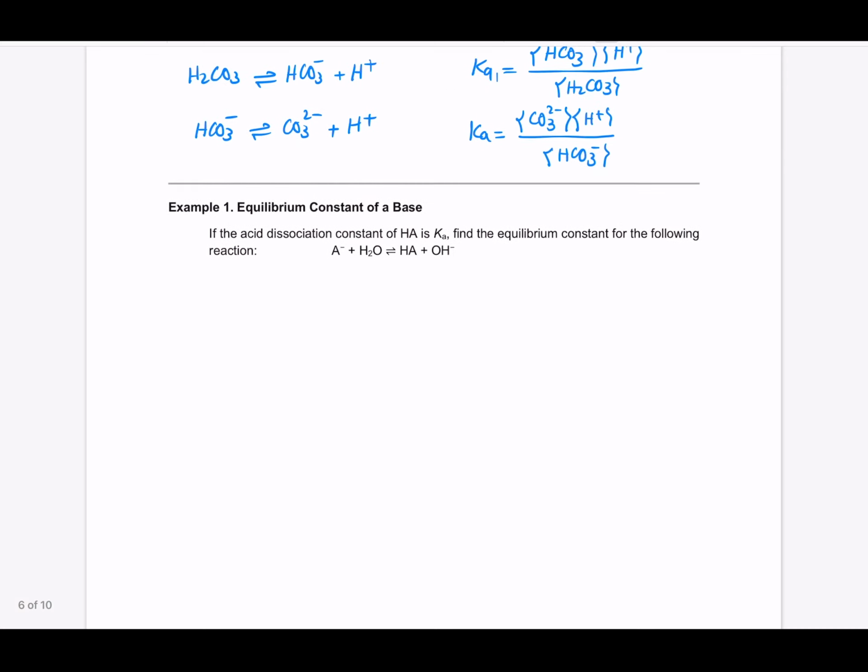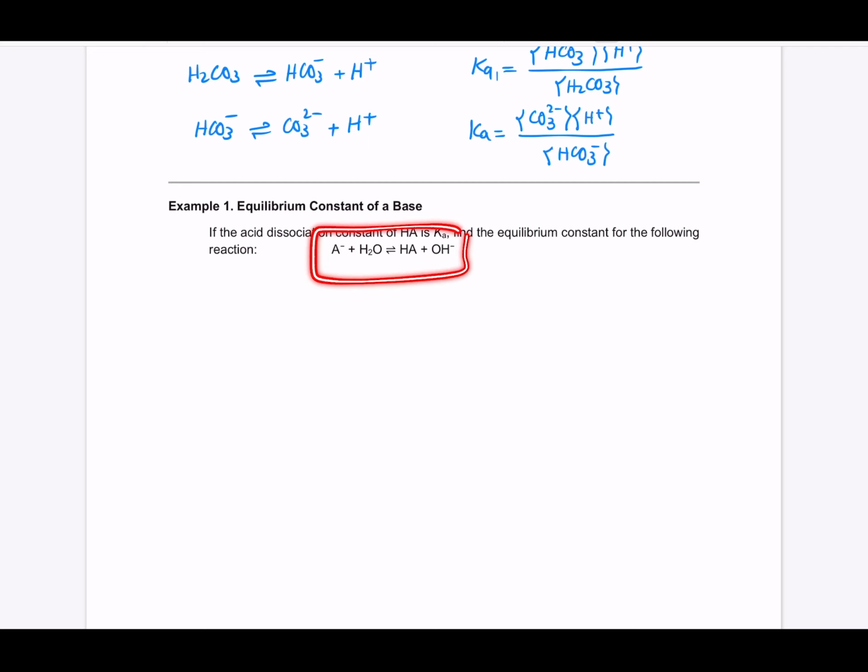We all talked about acid, but base, as I mentioned, is exactly opposite. The equilibrium constant of a base is directly related to the equilibrium constant of the conjugate acid. So in this example, we just want to see that relationship. Here, the acid dissociation constant of HA is Ka.